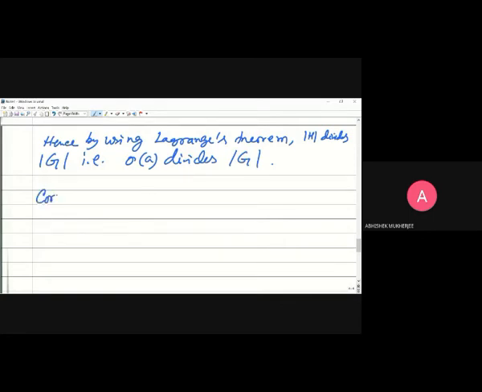And using this fact, you can write down another corollary, that in a finite group G, a to the power order of G must be equal to identity for all a belongs to G. Now since order of G is a multiple of order of a, and a to the power order of a is identity, if you compose it up to order of G times, then it will give you the identity, right?